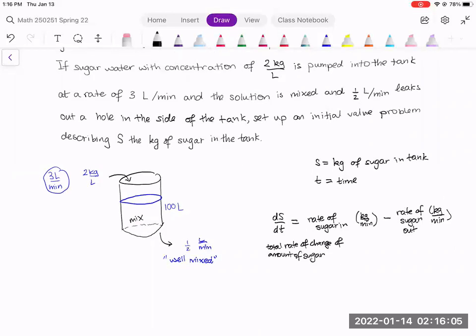So let's begin by thinking about how much sugar is coming into the system. So, rate of sugar in. Take a look over the problem, and we're just going to be focusing on this input part. Can you set things up so that we know how many kilograms per minute are coming in?